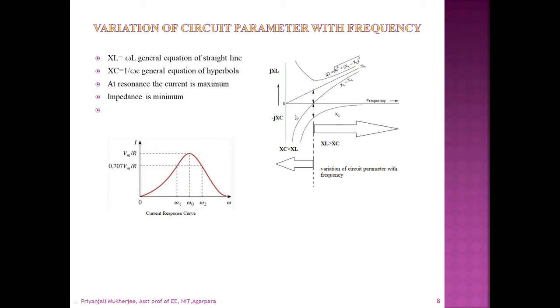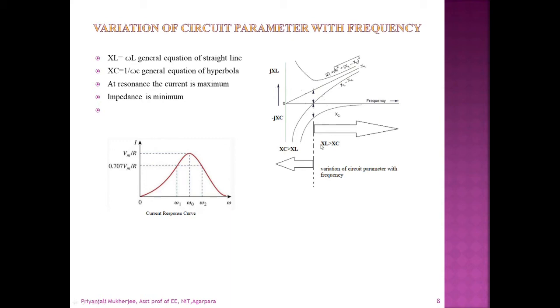At the resonating condition, that means at this frequency, the XL value is equal to the XC value, and in this condition the impedance is minimum. For frequencies less than FR, the resonating frequency, the XC value is much greater than XL.